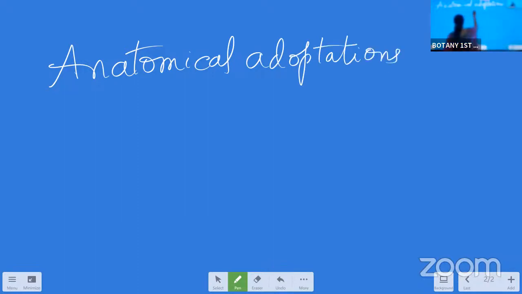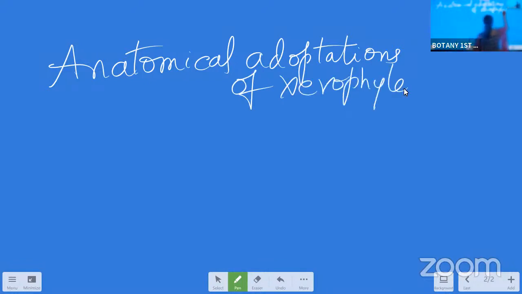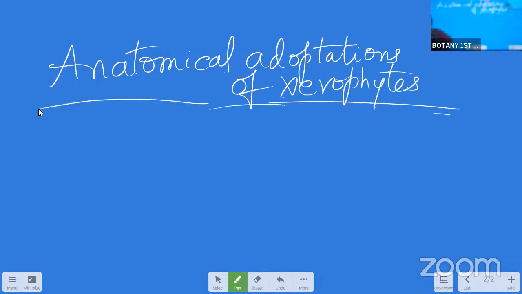What are xerophytes? Xerophytes means the plants which grow in the desert areas, or else we can say the plants which are growing in water-lacking areas, where water is less. When plants are growing in that area, those are called xerophytes.